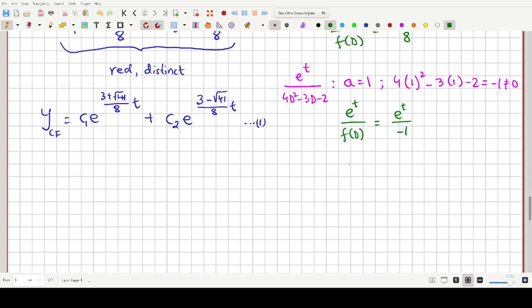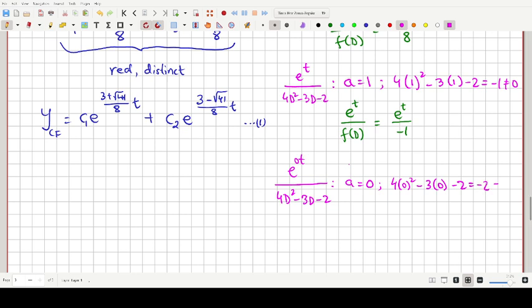Now for the last term, we do exactly the same as we had done previously. So e^(0t) divided by 4D² − 3D − 2. Here the value of a is equal to 0. Let's find out whether f(a) is equal to 0 or not. 4 multiplied by 0² − 3 times 0 − 2 is 4 times 0, which is 0, minus 2.